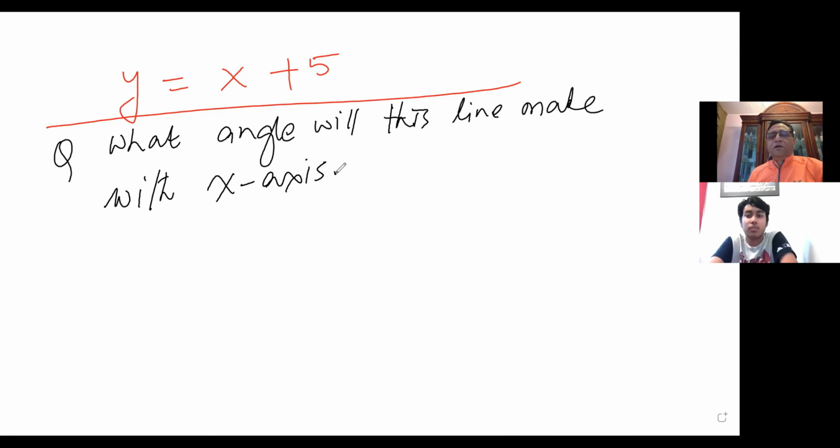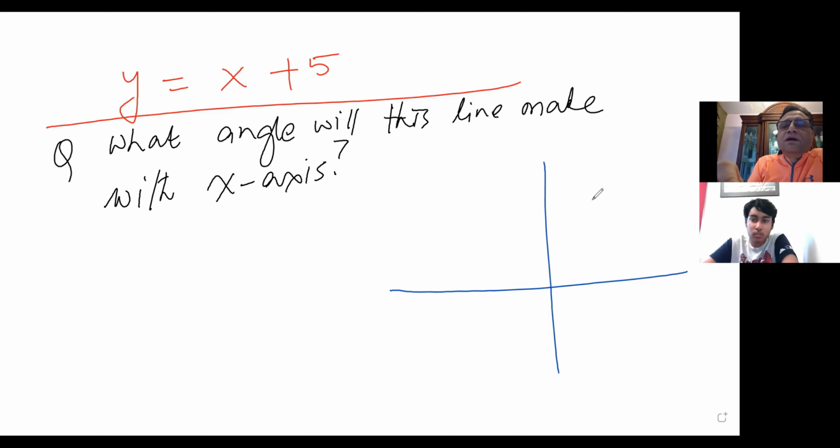Tell me. So we're trying to say we have a line y equals x plus 5, which will look something like this, where the y-intercept is at 5. So we have to find this angle theta. How much is this angle? This is what you have to answer. How will you do this?